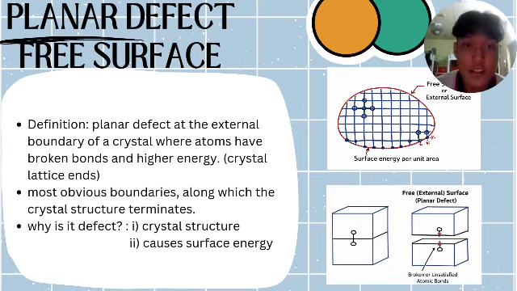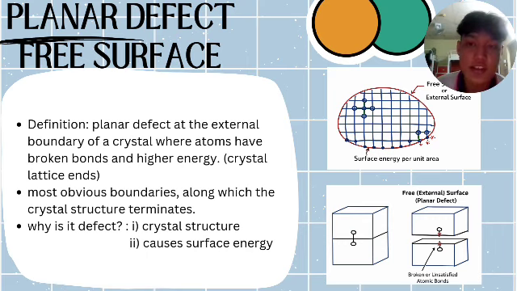We can see that they have four neighboring atoms each. However, at the free surface, which is the red line in the image above, the crystal lattice ends. So the surface atoms have fewer neighboring atoms.